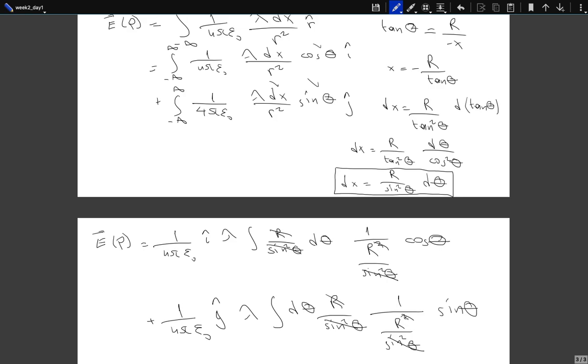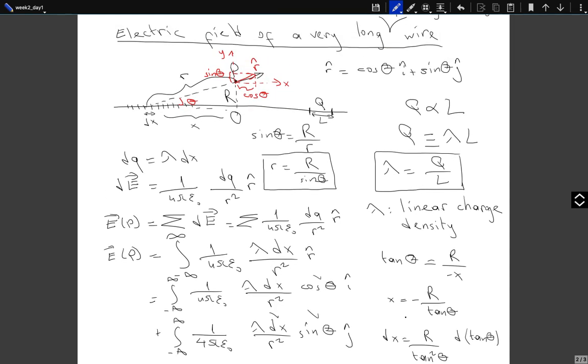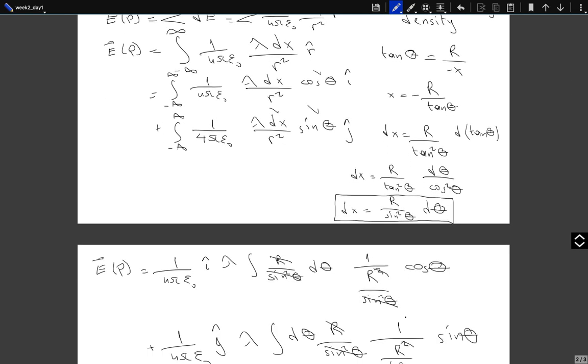So what are the limits now? We said that x starts from minus infinity. What is the value of theta when x is minus infinity? Well, this angle gets smaller and smaller. So when x is minus infinity, theta is 0. That is the lower limit.